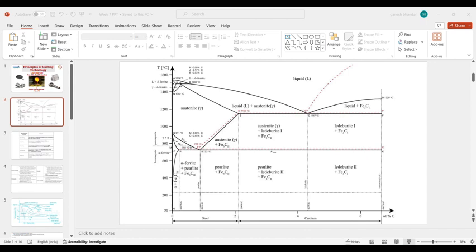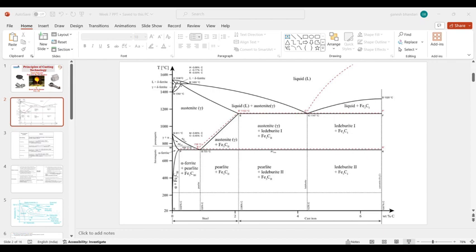We heat the sample above the upper critical temperature, hold it for some time, and then quench, meaning cool suddenly within a few seconds, from 950 degrees Celsius to 25 or 50 degrees Celsius in a suitable cooling medium, which can be oil or water, depending on the necessities. So these are the different types of heat treatment processes.